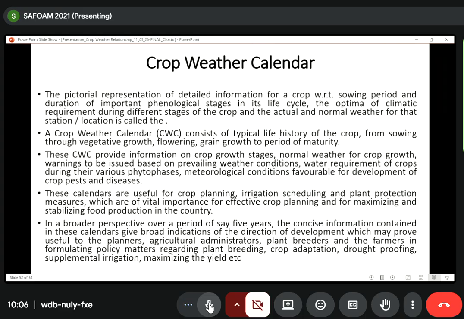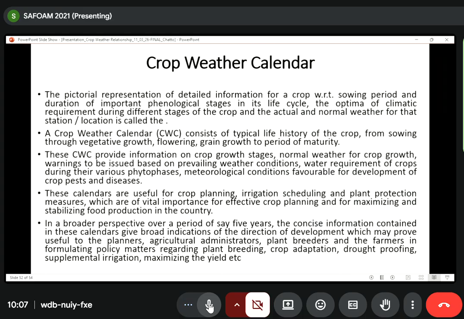Even if these are cultivated, you should see how a particular stage of the crop is being impacted, and if you have the advisories for what needs to be done, particularly for drought, flood, and different stress conditions, then you can take some measures so that the crop can grow.